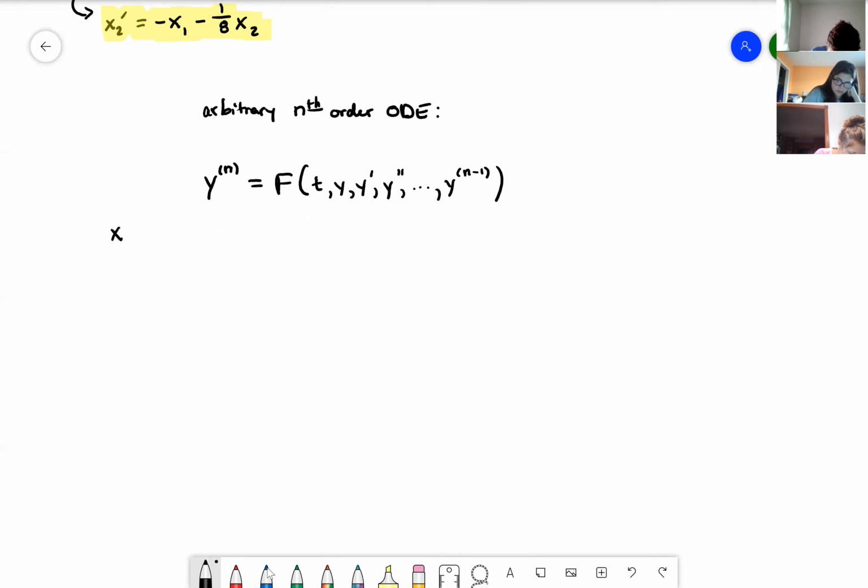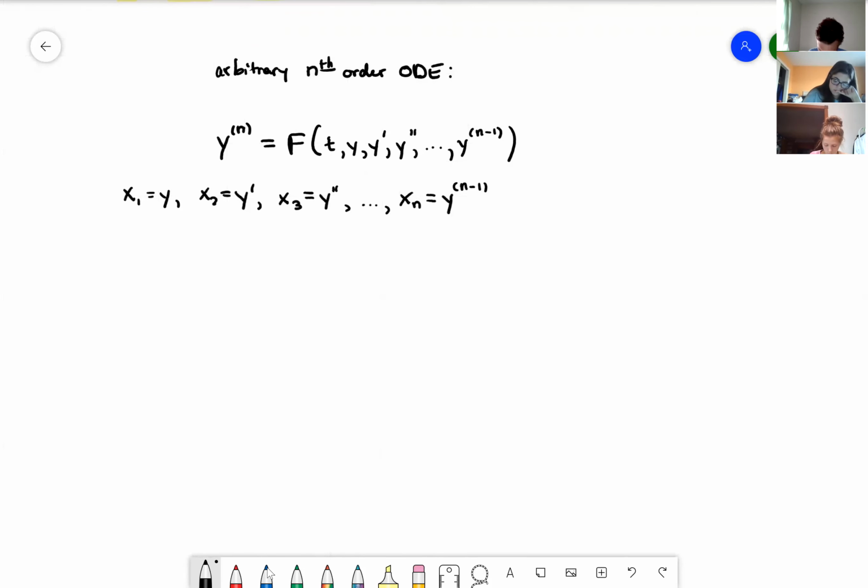Well, we say that x1 is y, x2 is y prime, x3 equals y double prime, all the way up to xn, which is equal to the n minus 1th derivative of y. So those will be our variables, our different components.